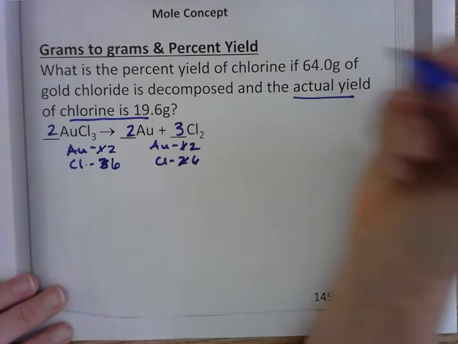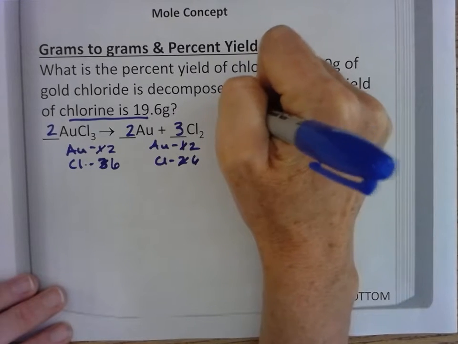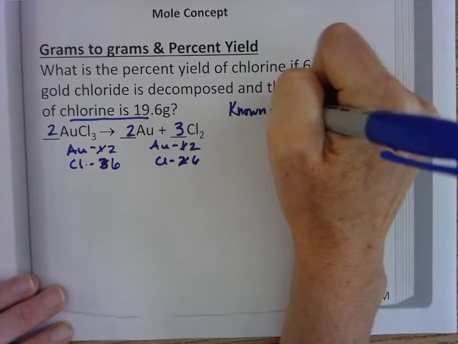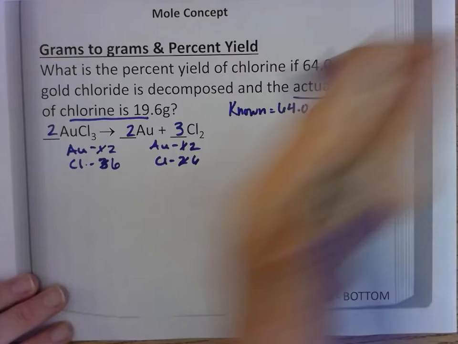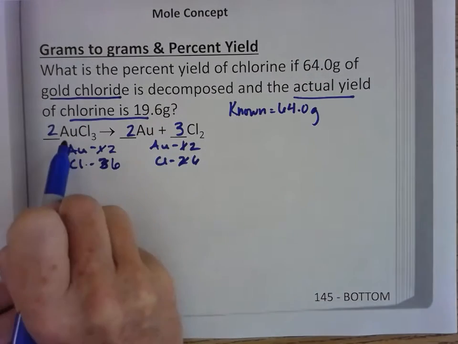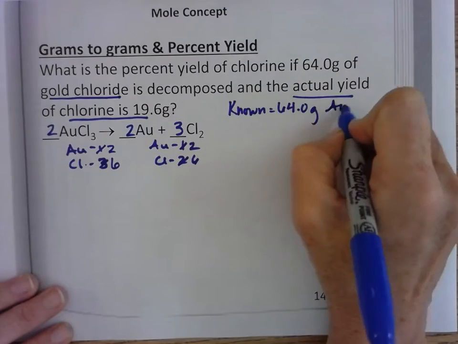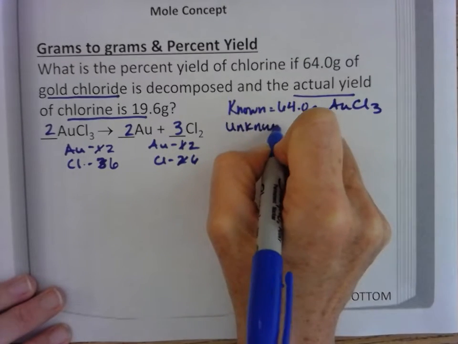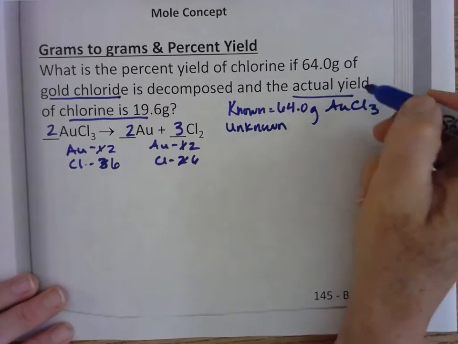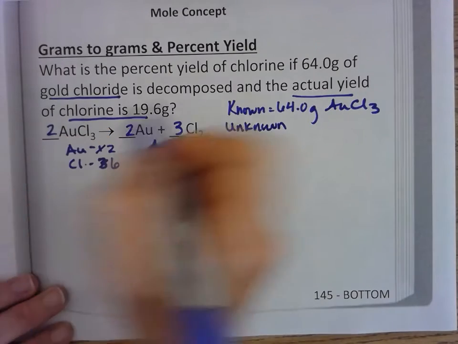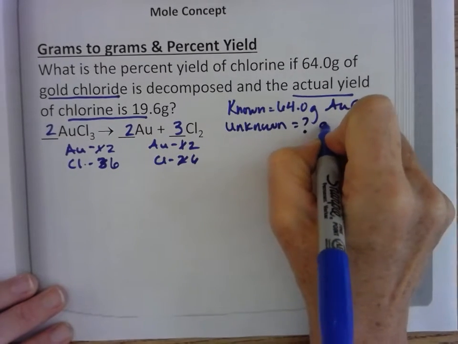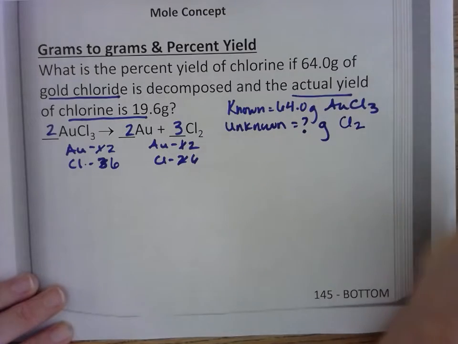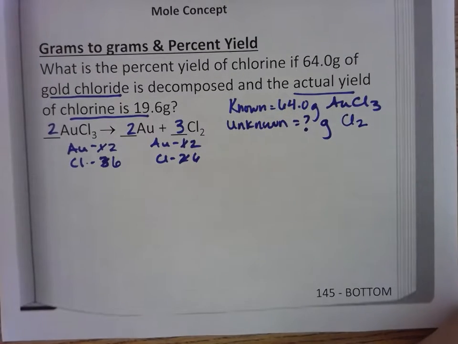I need my known, which is 64.0 grams of gold chloride, AuCl3. And my unknown, since my actual yield is listed for chlorine, means I need the grams of chlorine. I need the theoretical yield of it.